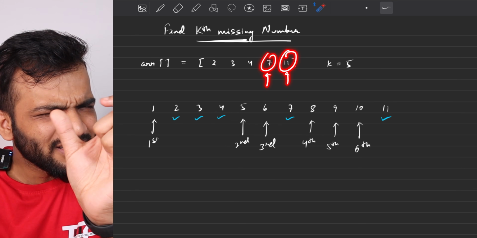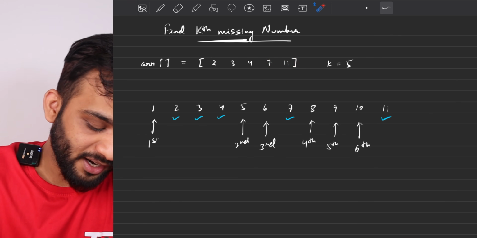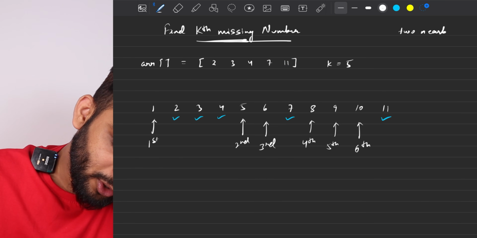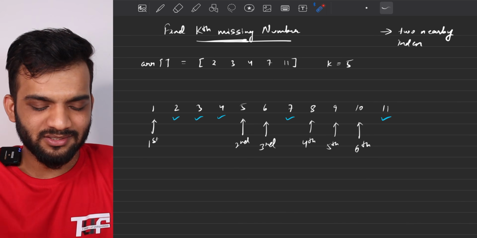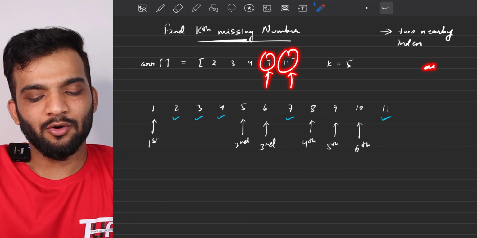If I can figure out those 2 nearby indexes, my question is solved. So the first target is to figure out the 2 nearby indexes. That's what our target will be. And then we will figure out how to get the answer. Once I'm standing here and once I'm standing here, I will figure out 9.